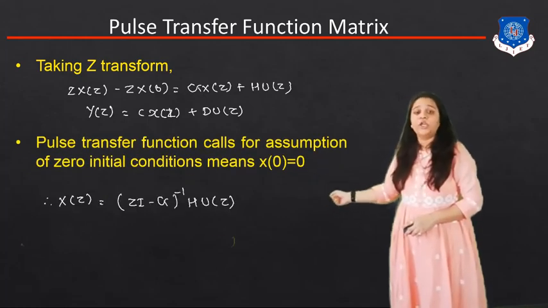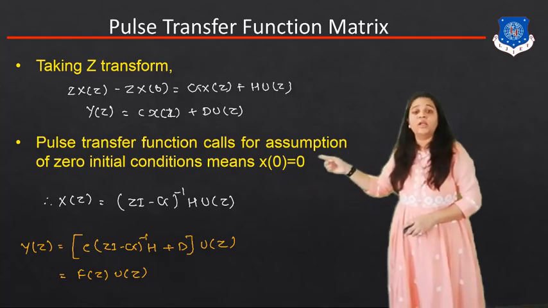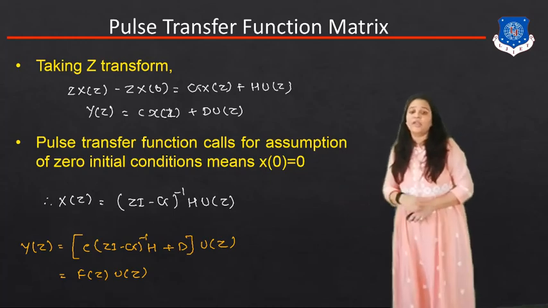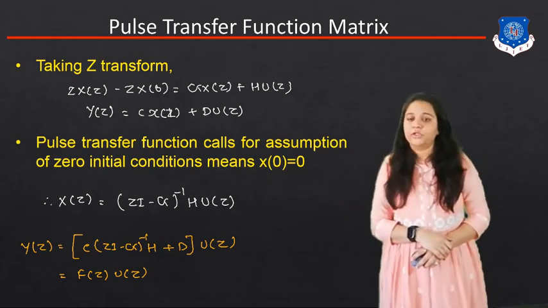So we can get the new equation for this discrete time state space analysis, and using this theorem we find the value of the function of z.